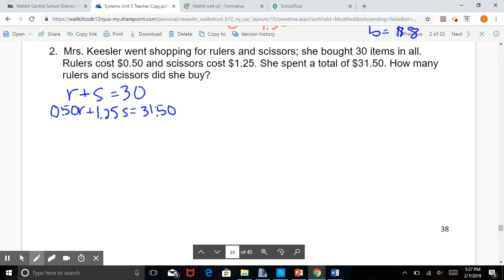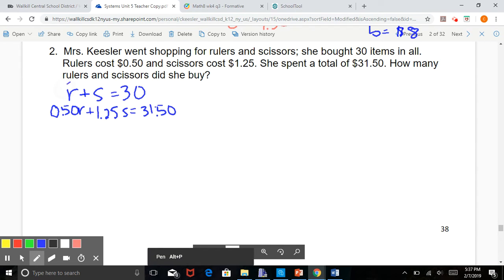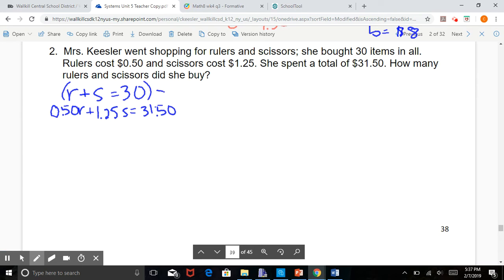Now we can start to solve. So we know we have R plus S and then 50 cents and $1.25. What might be the easiest way to solve this is to multiply the top equation by negative 50 cents.